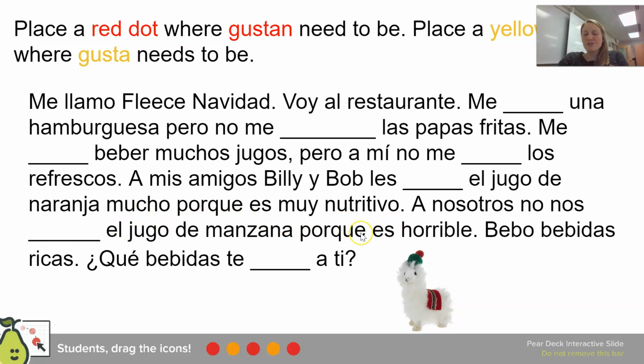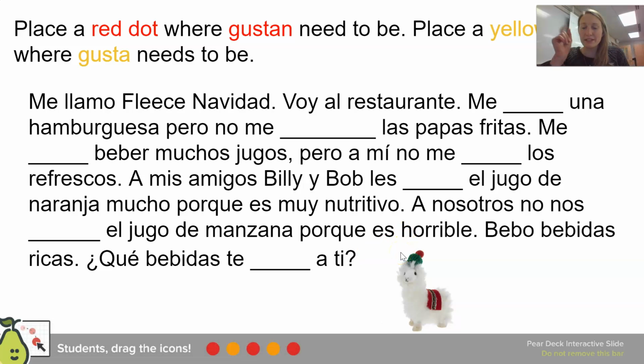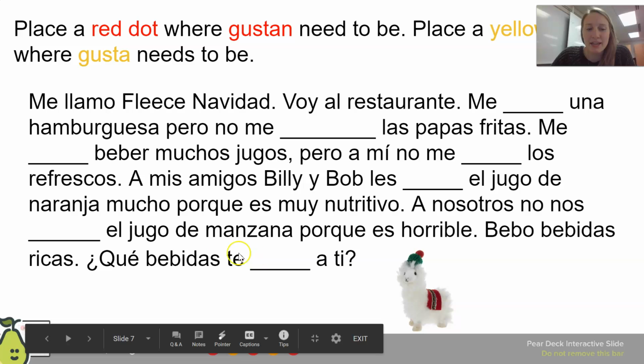Singular. Porque es horrible. Bebo bebidas ricas. ¿Qué bebidas te blank a ti? Now this one's tricky because it's a question. We have to think what is being liked. So the order's messed up a little bit for questions than for statements. So we're asking ¿Qué bebidas te blank?